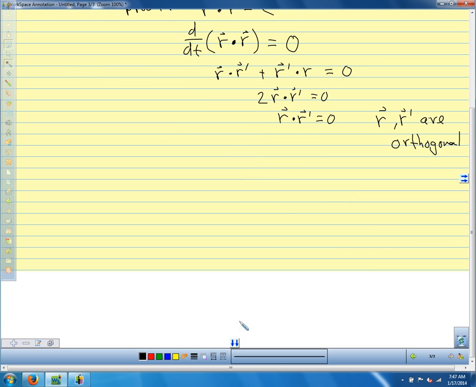Well, we defined t, our unit tangent vector, to be a unit vector. So t dot t is going to be what?